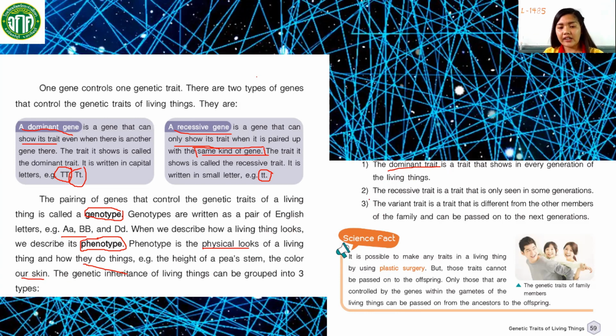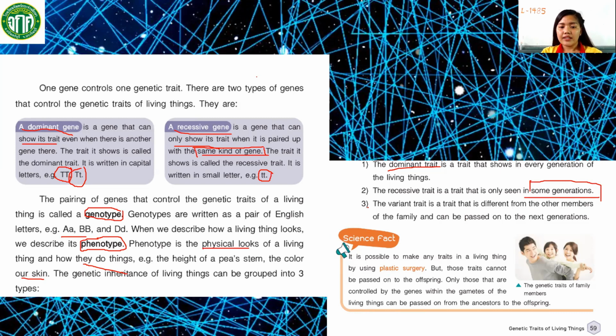And in number 2, the recessive trait is a trait that is only seen in some generation. Let's say, for example, your parents have fair skin and then you have a dark skin. Okay, that is called the recessive trait. So it only shows in some generation.